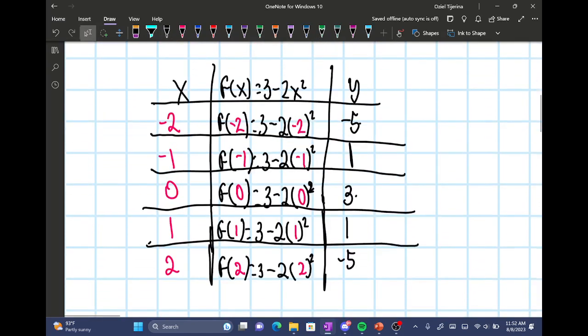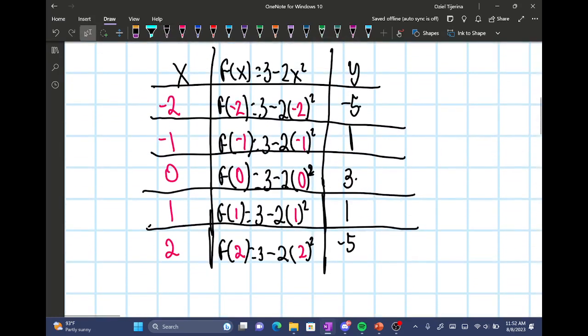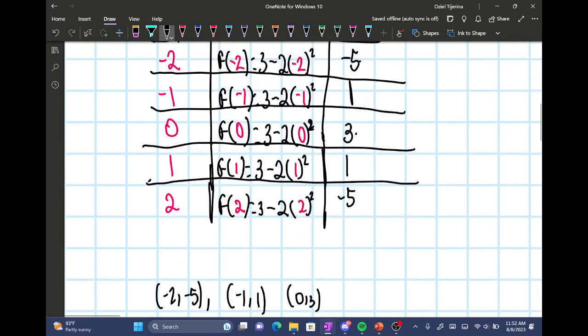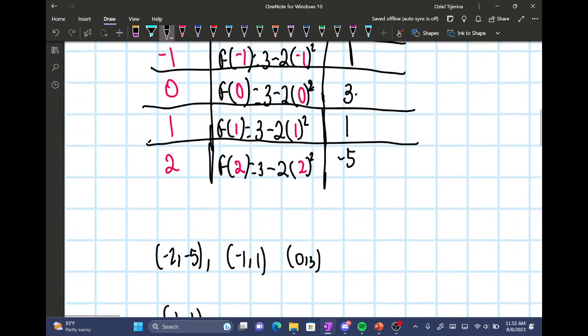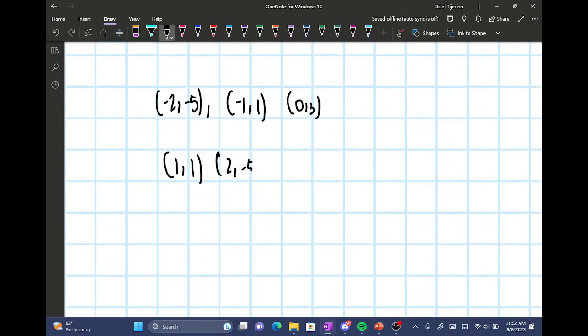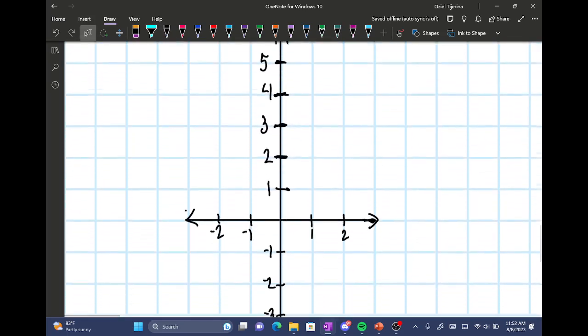We have -1, 1. We have 0, 3, 1, 1, and 2, -5.